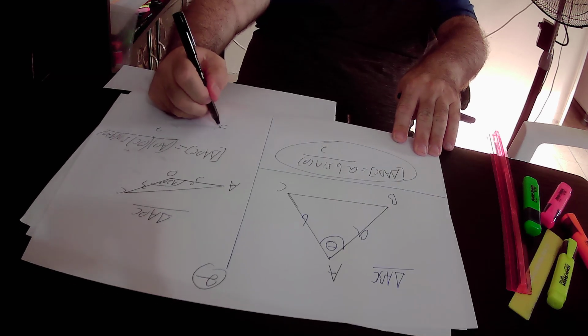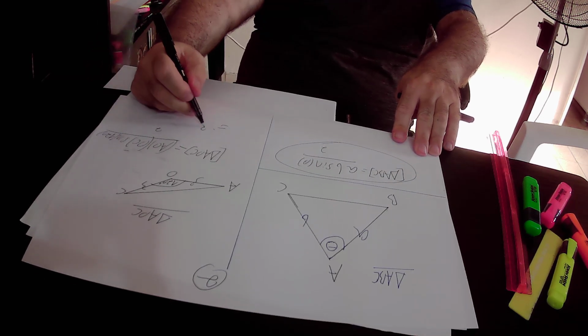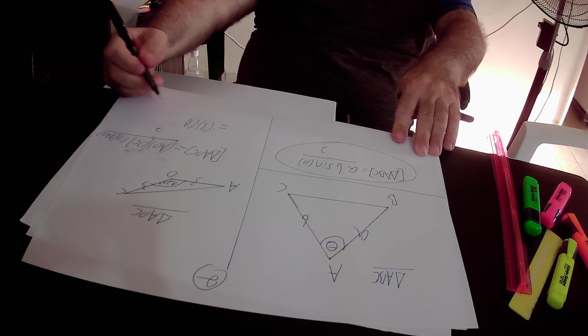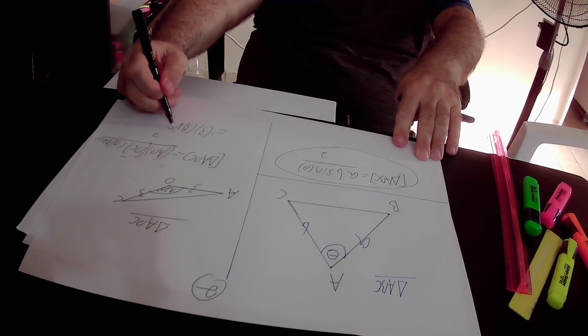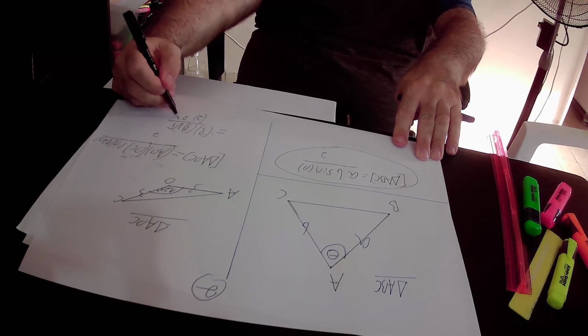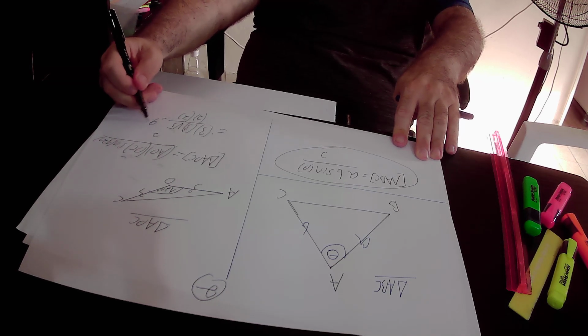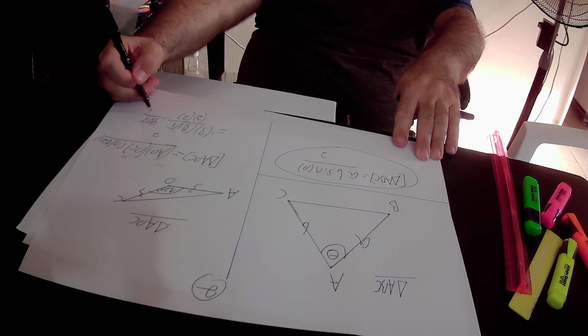That is to say, AO equals 3 units, OC also equals 3 units, sine 120 degrees equals square root of 3 over 2, all divided by 2. 3 times 3 is 9, so in the numerator we have in total 9 times square root of 3 over 2, divided by 2 is 4.